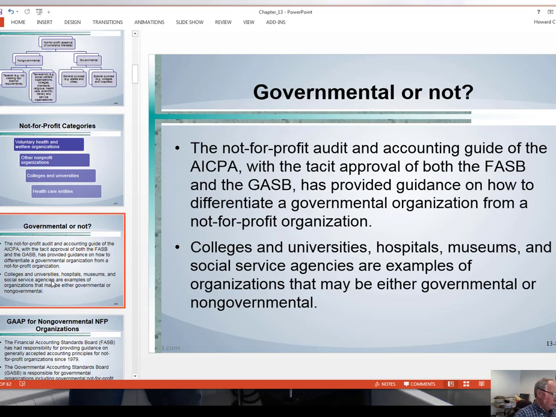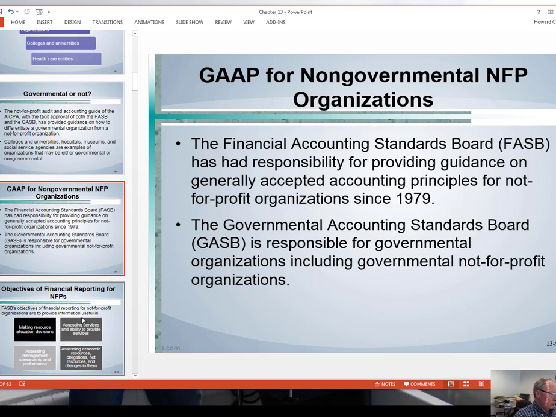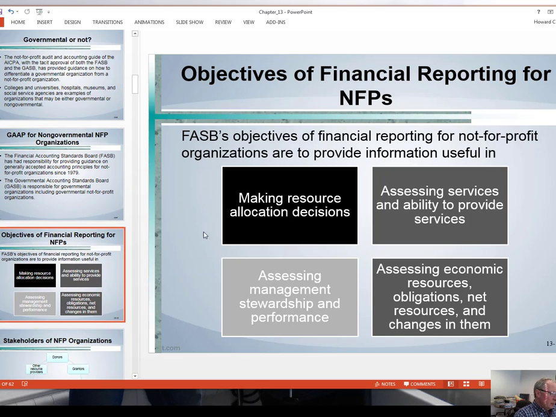Okay, so FASB, I already said that. All right, let's keep going. The objectives here again are to make resource and allocation decisions, and you've got 2 big sets of users. One is creditors.